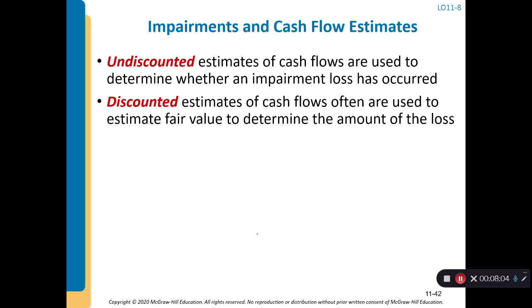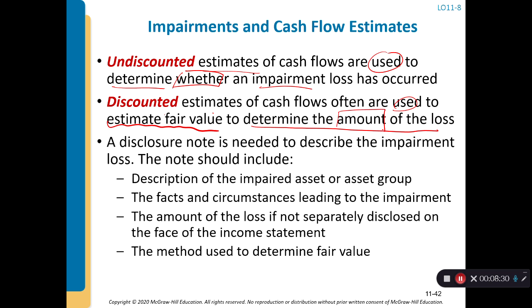Let's look at impairment and the cash flow estimation. The undiscounted estimation of cash flow is used to determine whether there is an impairment loss, and a discounted estimation of cash flow is often used to estimate the fair value to determine the amount of the loss, right?